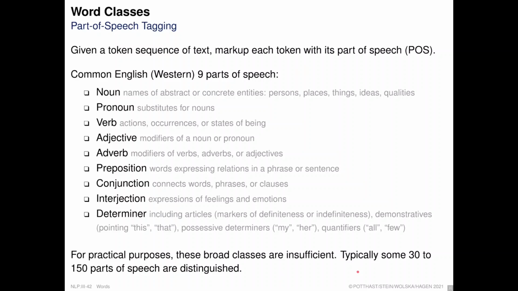But there are other sets of parts of speech that are equally frequently used. The range of classes that they include may be from anything like 30 classes to over a hundred, and almost 200 classes for some cases.